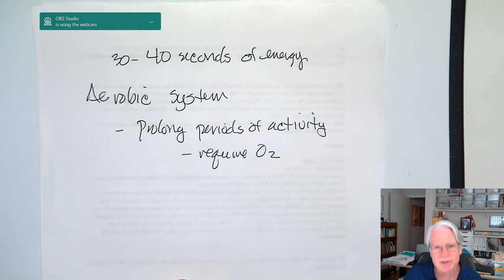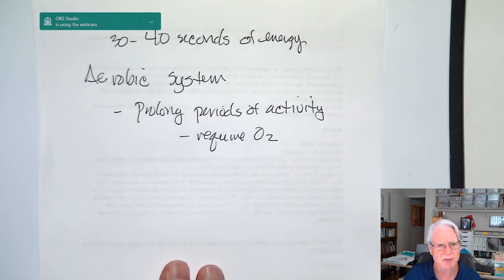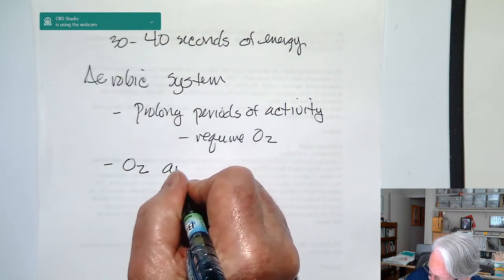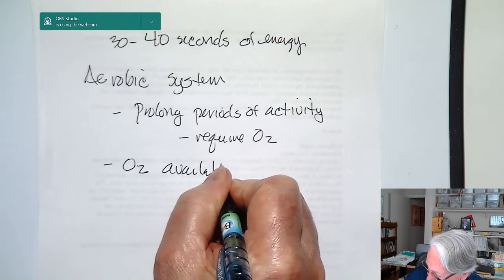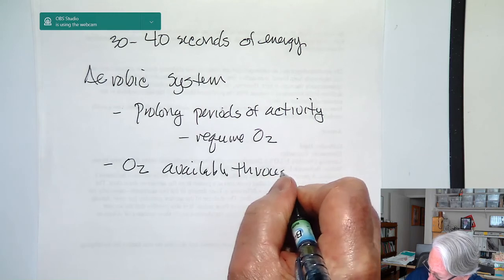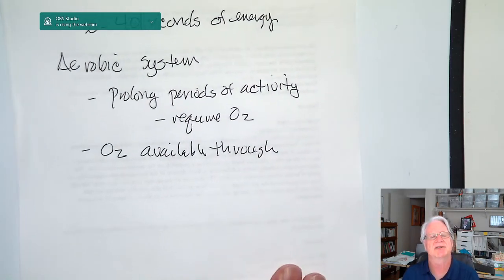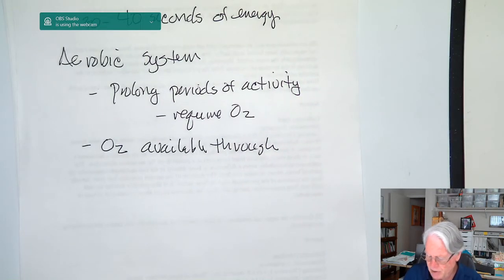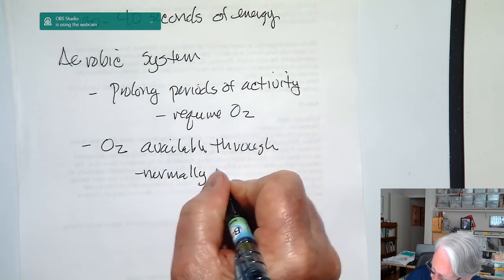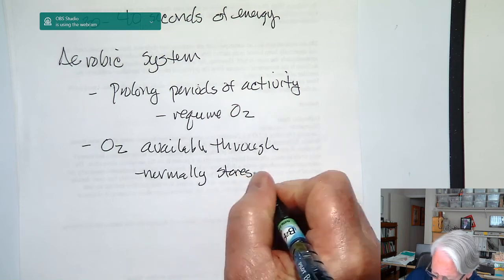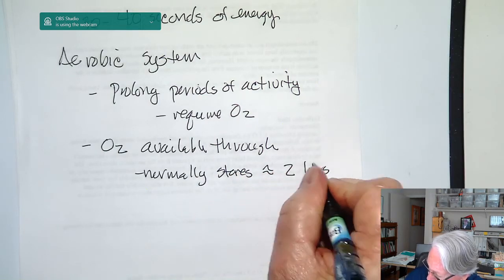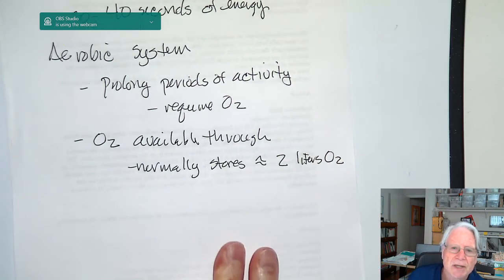So it also turns out, though, that you can store oxygen in your body. So where is oxygen available? So it's not an entirely bleak situation. We can store certain amounts of oxygen in our body. And the body normally stores approximately 2 liters of O2 in the body.